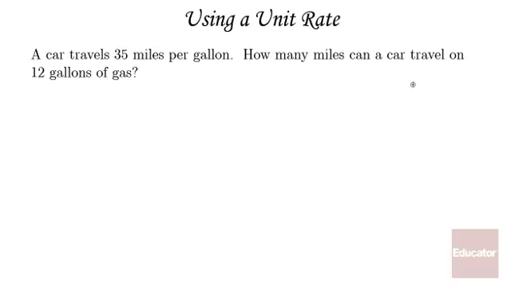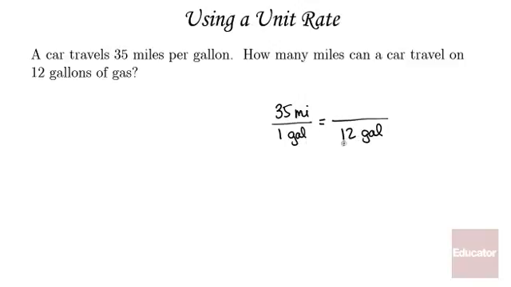Let's try using another unit rate. A car travels 35 miles per gallon, for 1 gallon. How many miles can a car travel on 12 gallons? So we want to know for 12 gallons. It's helpful to keep the units written out so that you know where to place the numbers.